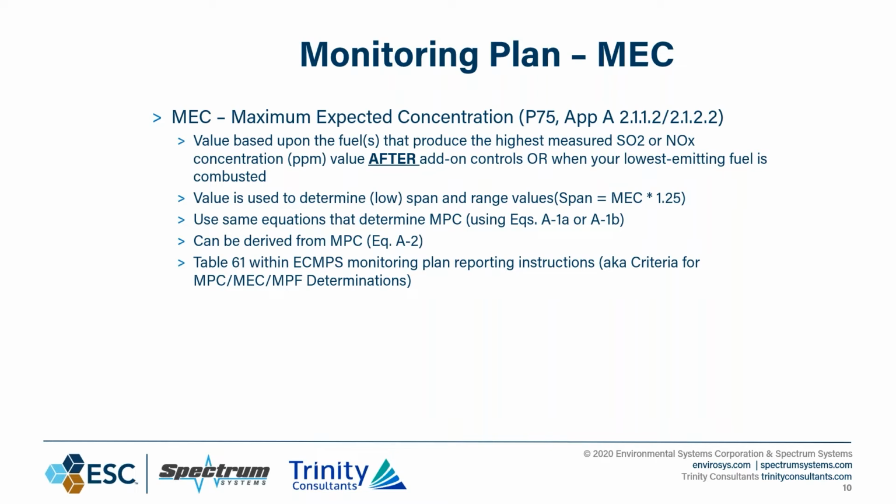And you can use that data to produce these analyses and get the derived equations and also the derived values for MEC, MPC. And then pay special attention to if you do have the dual range analyzers, for example, NOx. If you have the low span where it's like 0 to 9 ppm, and then you have a higher span, the problem area is typically going to be in the lower span. So just take a look at that on your monitoring plan. Go back and evaluate historical operations and make sure that you're spanned properly for your analyzers.